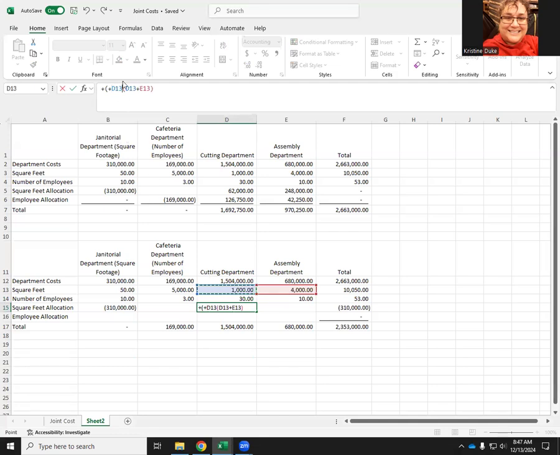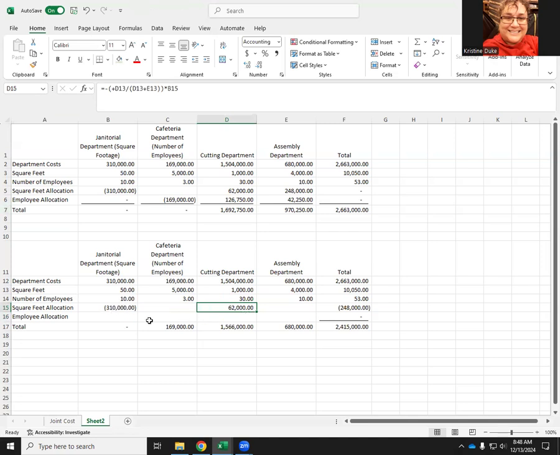So up here in my formula, I've got D13, and then I'm going to divide that by D13 plus E13. I'm going to finish my parentheses, and then multiply that by this amount here, but I'm also going to make this a negative, because this is a negative.